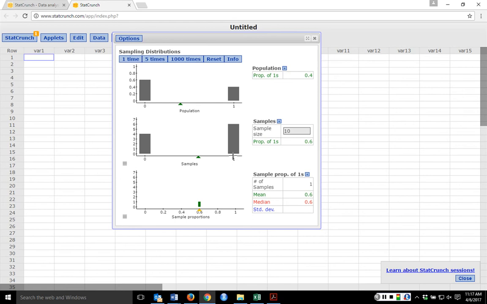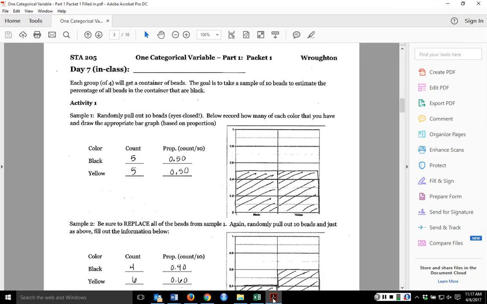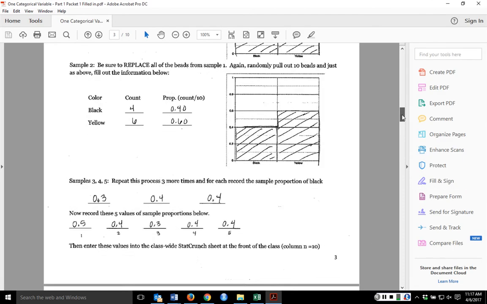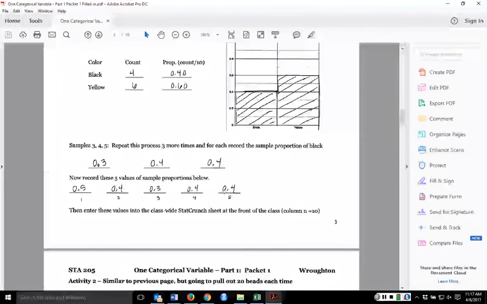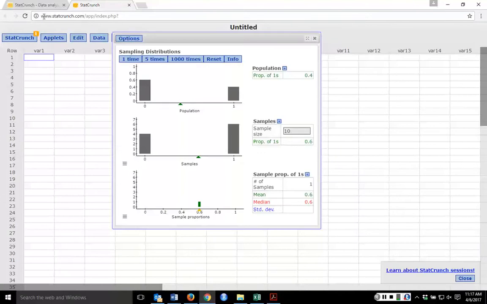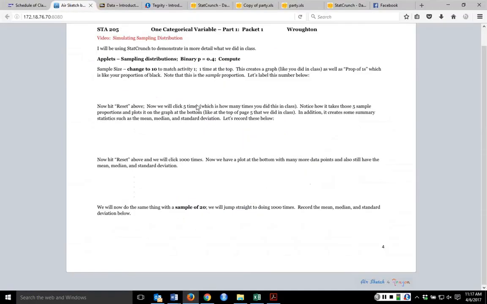In this sample we found that 6 of the beads pulled out were black and 4 were yellow, and we get this proportion of ones. That is our sample proportion, which I would have recorded down here. So we're going to record that.